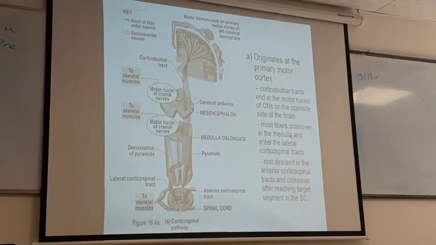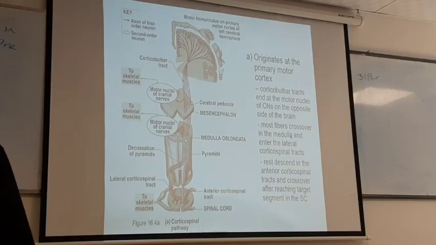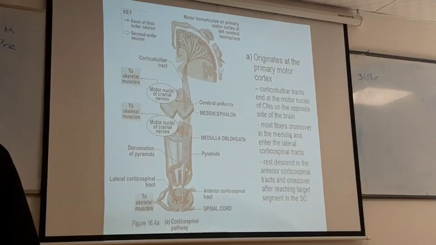It forms the cerebral peduncle and goes to the base of the medulla and forms the pyramids. It has a decussation at the base of the medulla, crossing from the left to the right.